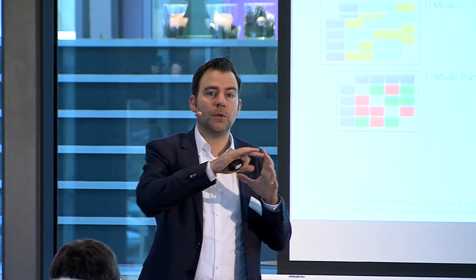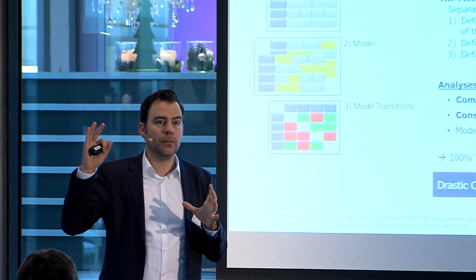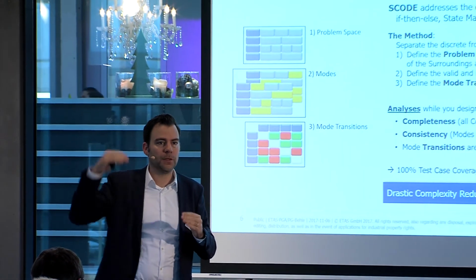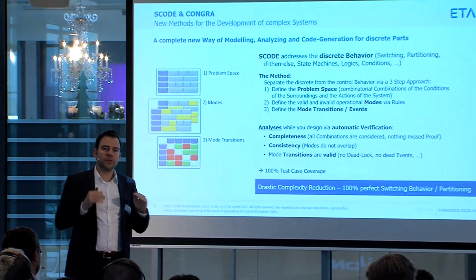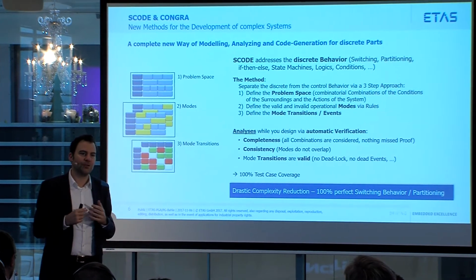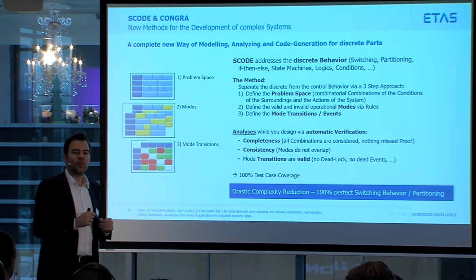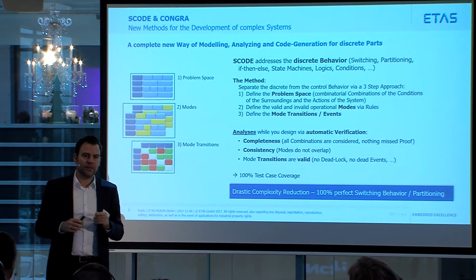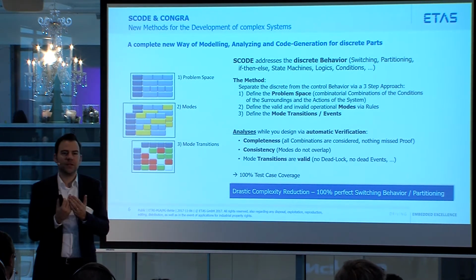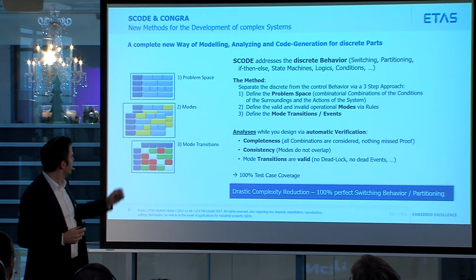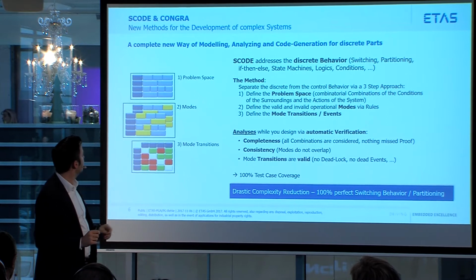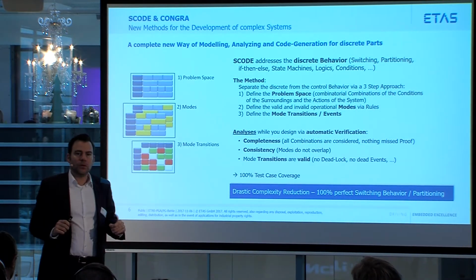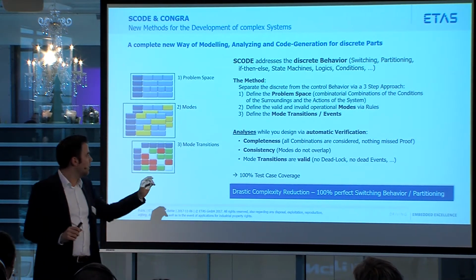So we look at this in the full combinatorial combinations. So we define a lot in maths. You say combinatorial explosion. That's what it's called in maths. And we actually confront this very actively. So we ended up saying complexity is our friend. Of course, nobody wants more complexity. You don't want to be confronted with complexity. But for us, it wasn't a problem because we had the maths to cope with it.